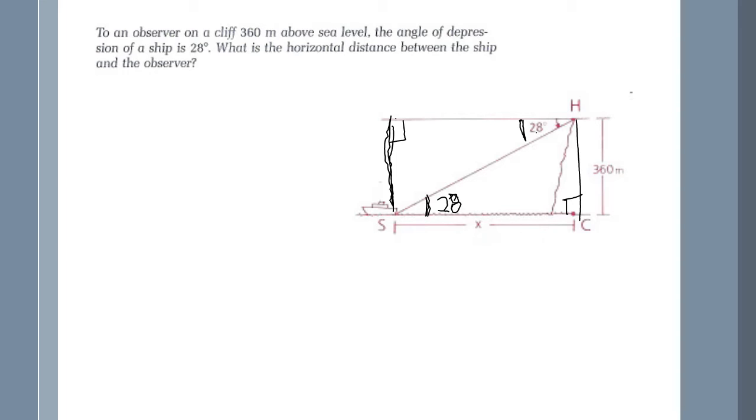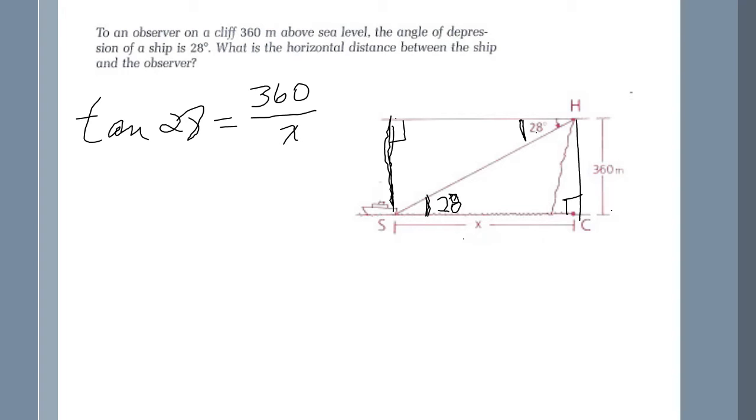So we want to find x. So this is going to be the tangent of 28 is equal to the opposite, which is 360, over the adjacent, which is x.